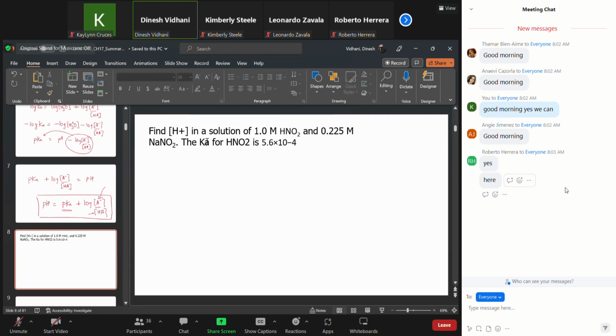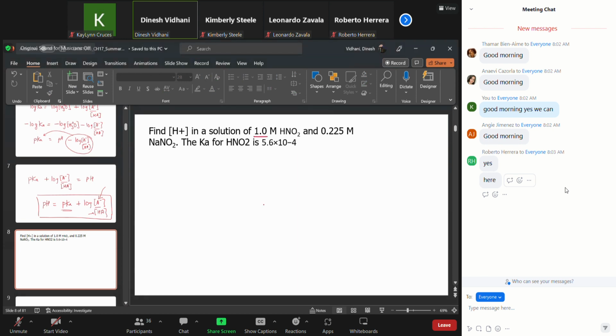Okay, so we are given Ka for nitrous acid. How should I approach this problem? Any guess, guys? Now see what is given to us.